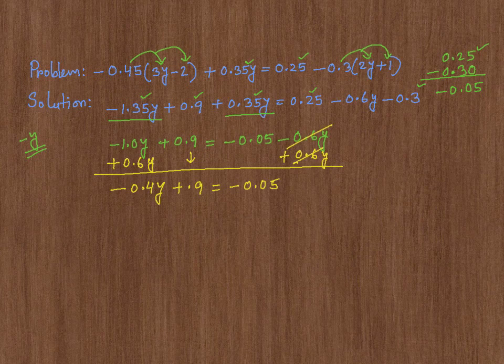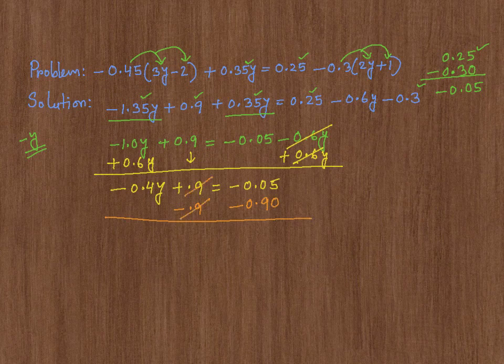Now I'm going to bring the constant 0.9 to the right side. To do so, I just subtract 0.9 from both sides. Again, we have to align the digits after the decimal on the right hand side to ensure that we don't make any mistakes. On the left hand side, positive 0.9 and negative 0.9 cancel out.